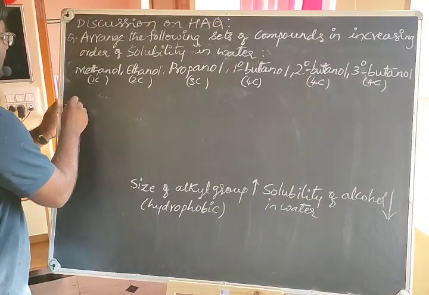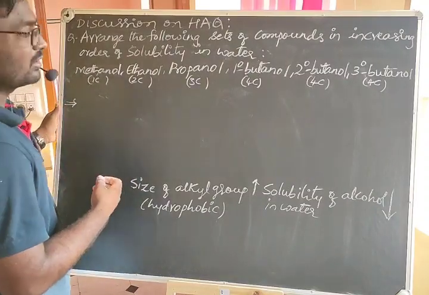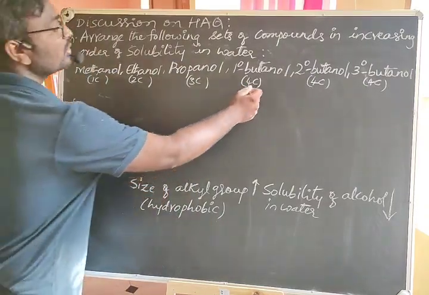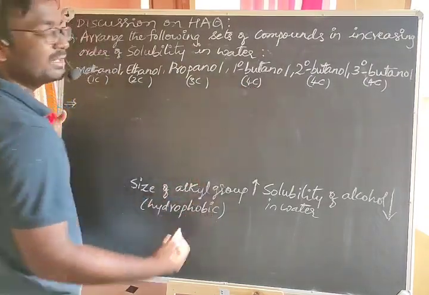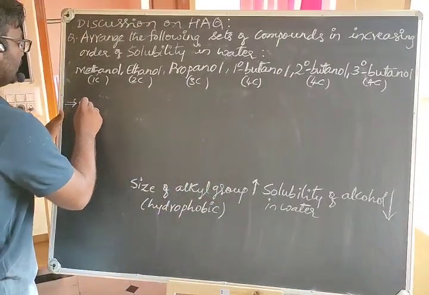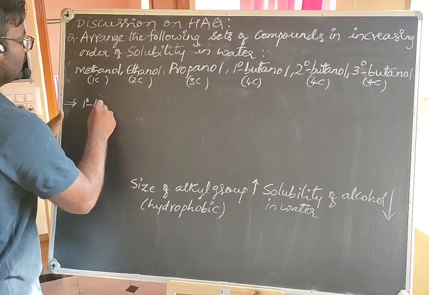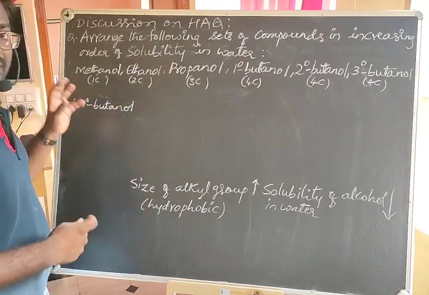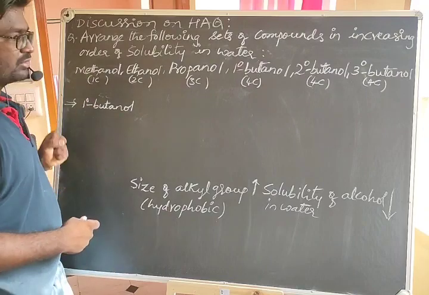So let's write the increasing order of solubility of these alcohols in water. Due to the four carbon atoms in the parent chain, whose solubility is less, I will write first the primary butanol, which has the largest surface area and lowest solubility.